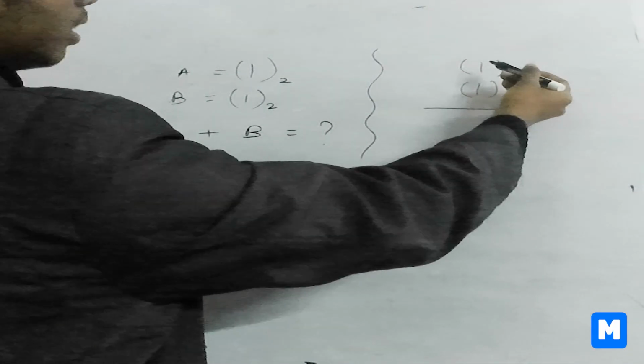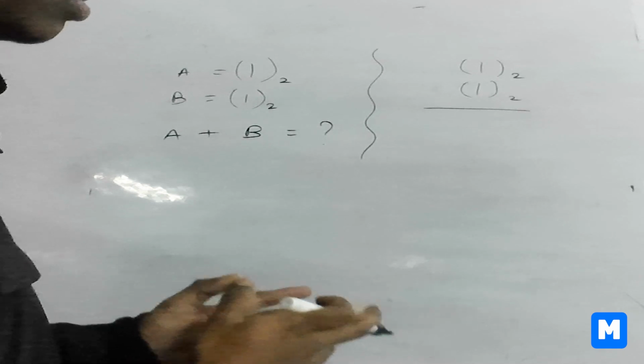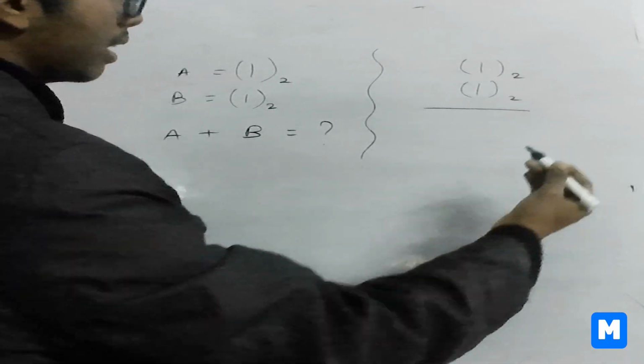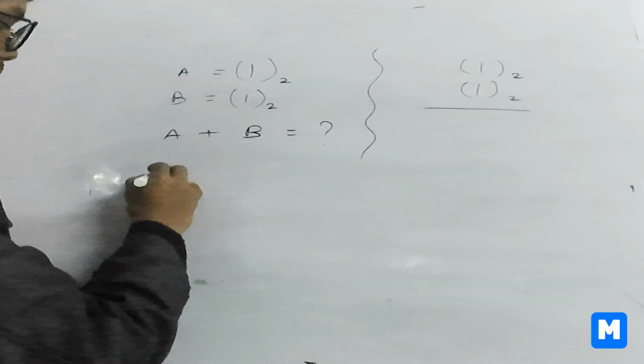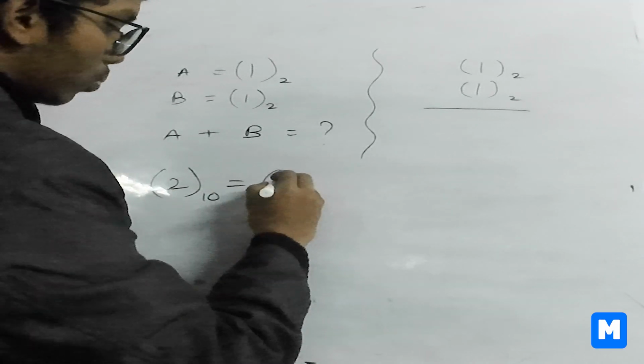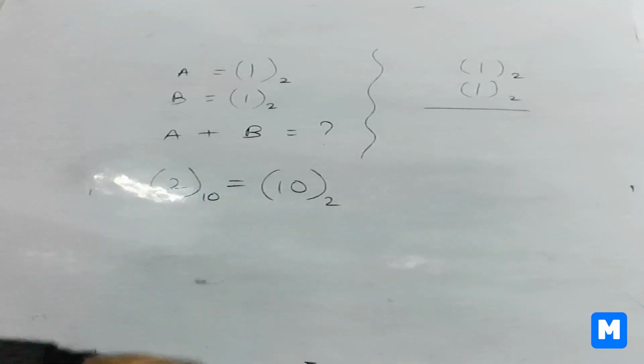Your 1 plus 1 in the binary system is nothing but 2, but we have to represent 2 in the binary system. Our 2 in the decimal system is equal to 10 in the binary system. We know this, and we have learned how to convert it in the previous videos.